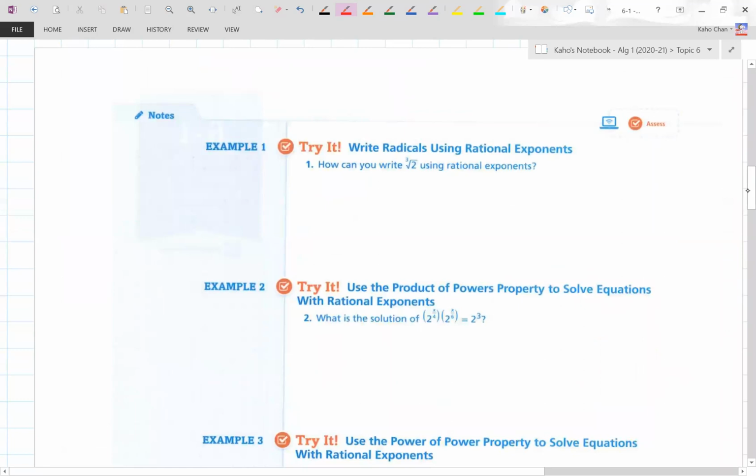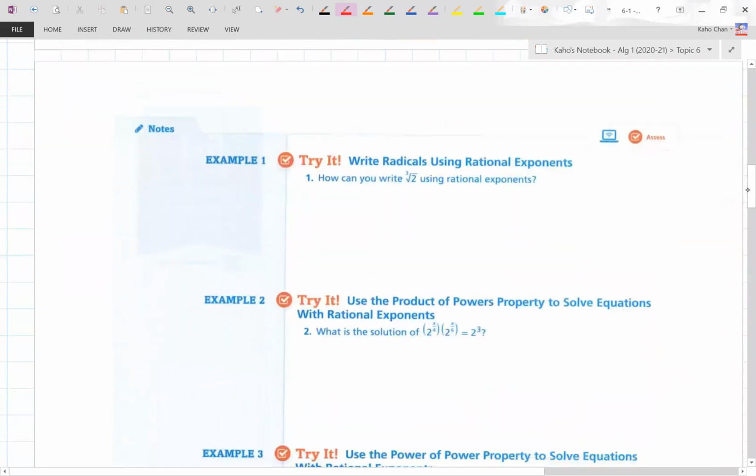All right. So I'm going to introduce something new to you guys. They're called rational exponents. Write this at the top of the second page. Rational is referring to things that are fractions.